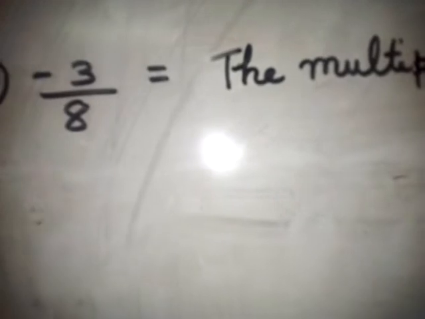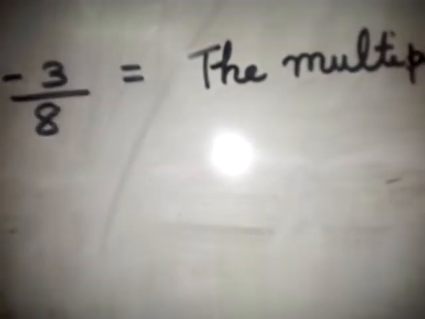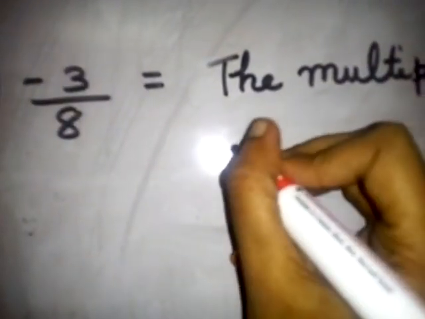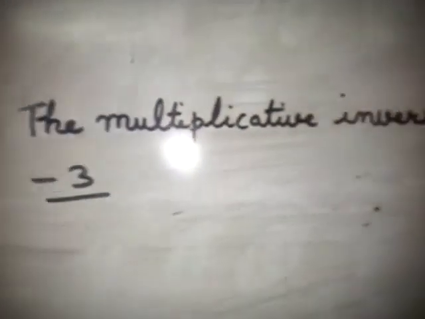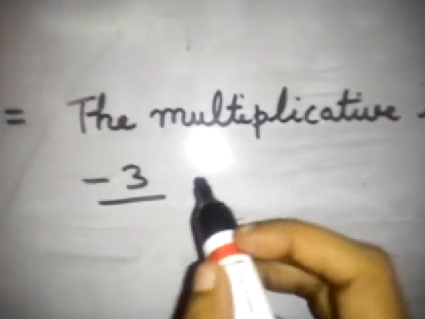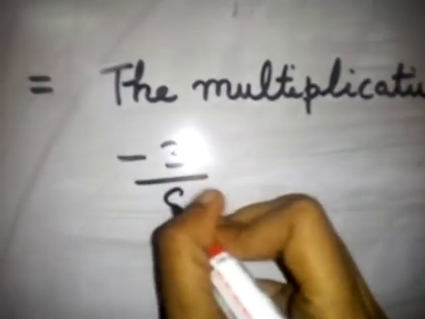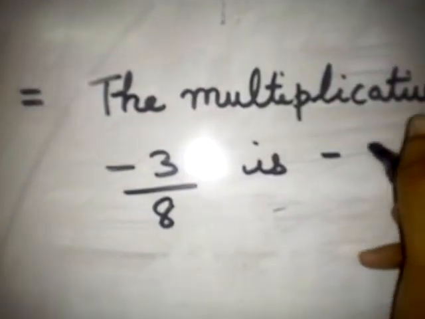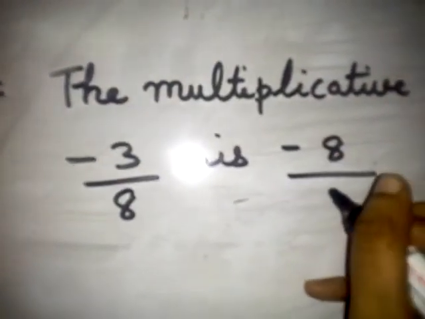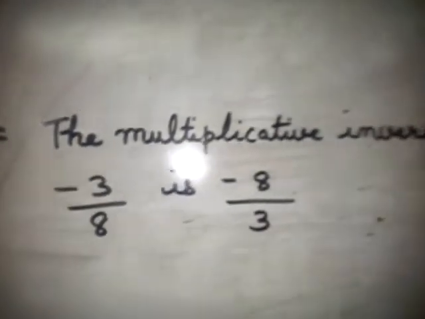The multiplicative inverse of minus 3 upon 8 is minus 8 upon 3. This is the answer.